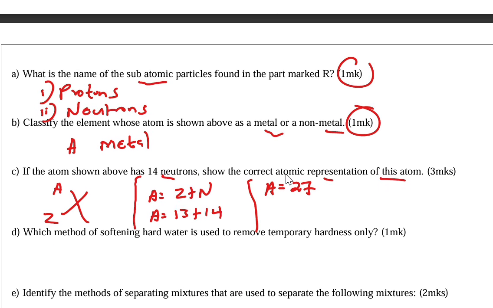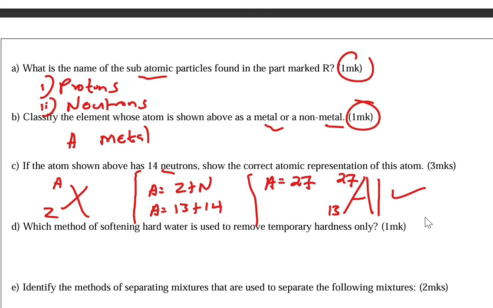So we write the symbol for aluminium: Al, capital A, small l. The mass number is 27, and its atomic number, it has 13 protons, is 13. So 27 and then 13. And then we score those 3 marks.